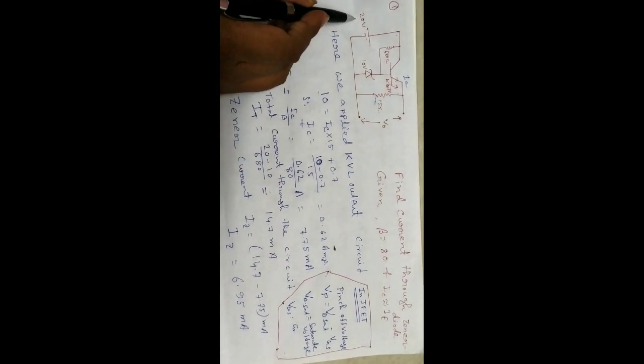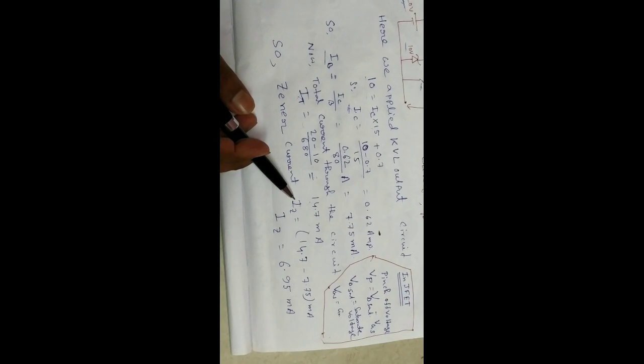Now the total current through the circuit is the total voltage difference, 20 minus 10 volt, divided by the resistance, which is 680. So the total current we calculate is 14.7 milliampere.